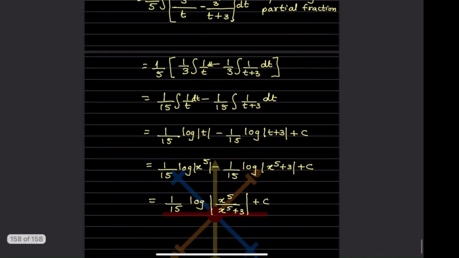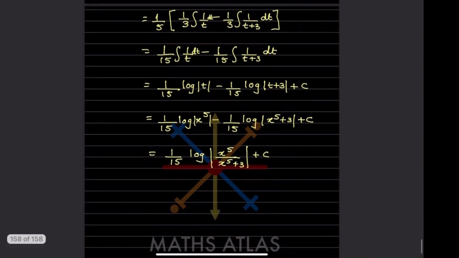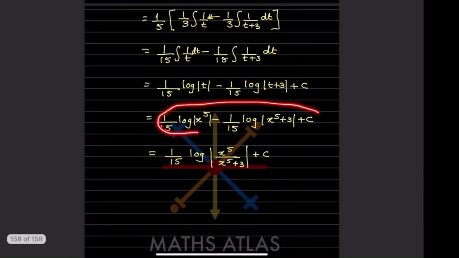Now let us put the original value we considered for t, x to the power 5, at the start. So let us put the value here, and other things are going to be the same. In place of t, we are going to put x to the power 5, and x to the power 5 plus 3, plus c. So now we have the rule for logarithms. We have this 1 by 15, let us keep here.